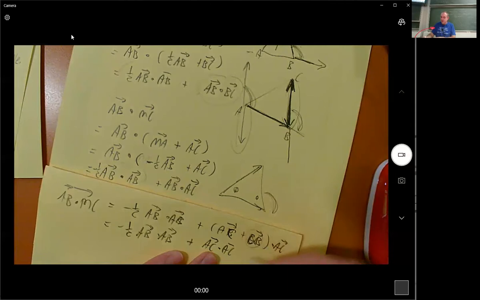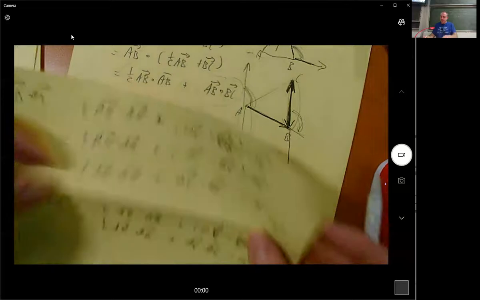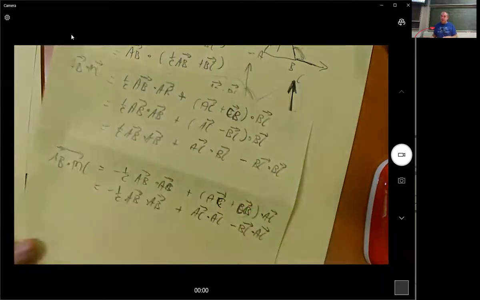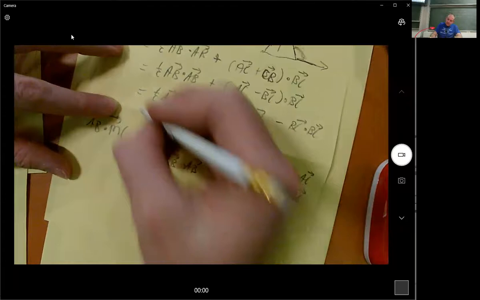Technically, that's a minus BC, right? Okay. Yes, we have it. So just one more move.